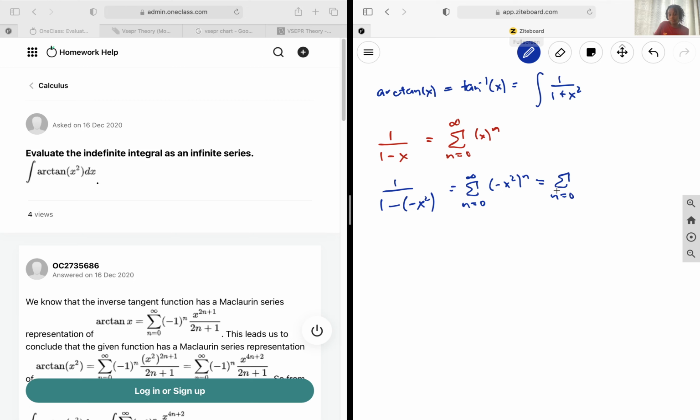So it's from n is equal to 0 to infinity of negative 1 to the power of n multiplied by x to the power of 2n. So that means that we can express arctan of x as the integral of the summation, so the infinite series, negative 1 to the power of n, x to the power of 2n.